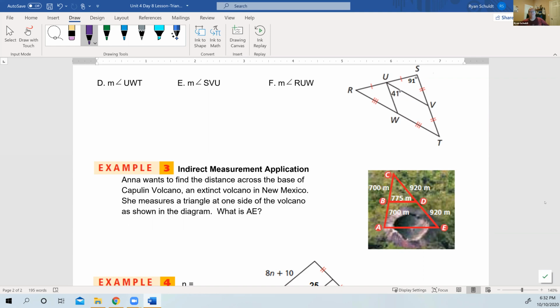Okay, so let's do it to it. First one they ask about is angle UWT. UWT. So that's going to be this angle right here.